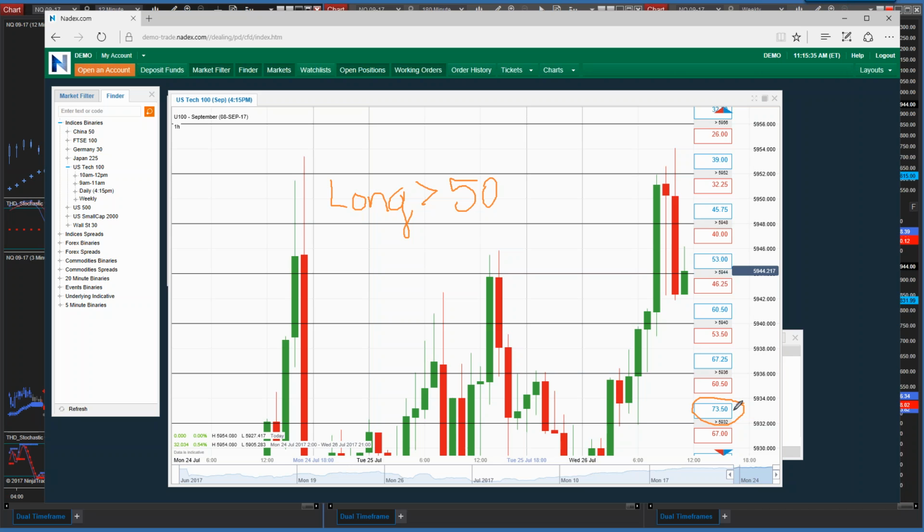So in this case, it's 23.50 above 50. Does everybody understand that? So if I take this trade for 73.75 or 73.50 at the time, that means that my edge is 23.5 that this will expire in the money. Does everybody understand that?